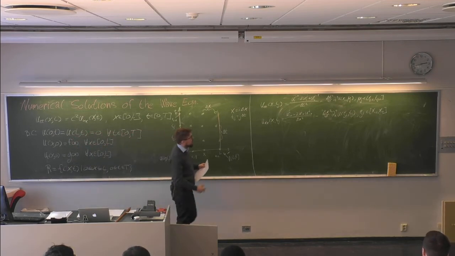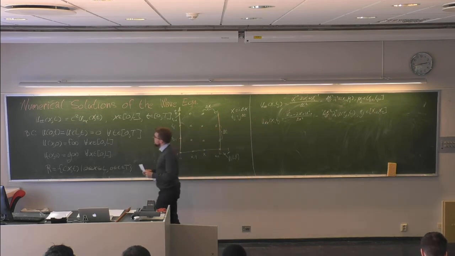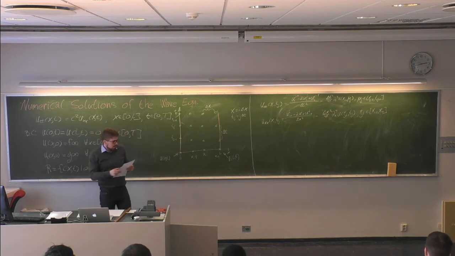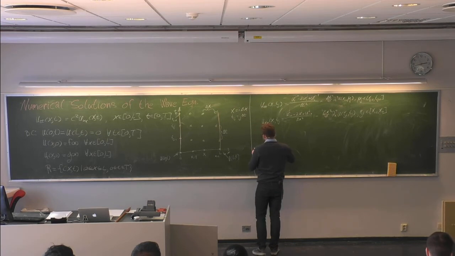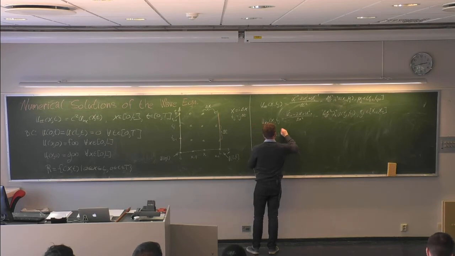And then we can insert this into the wave equation, so basically just do a substitution. You'll see that we get u_{i,j+1} minus 2u_{i,j} plus u_{i,j-1} over delta t squared, minus c squared times u_{i+1,j} minus 2u_{i,j} plus u_{i-1,j} over delta x squared. You are very welcome to take pictures of this instead of writing it.